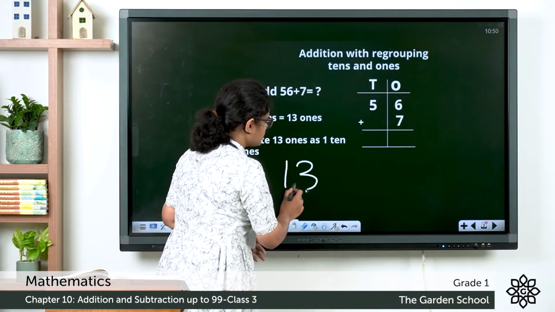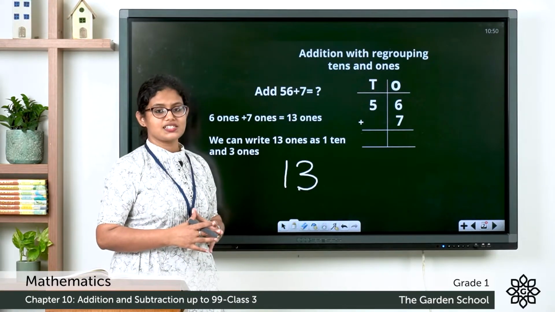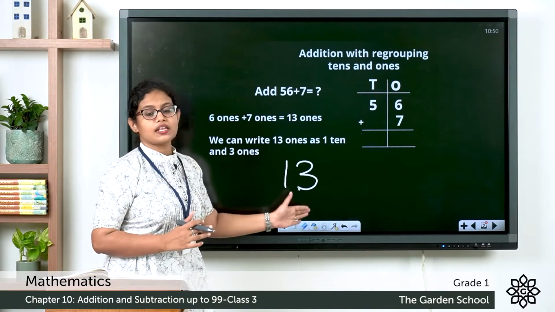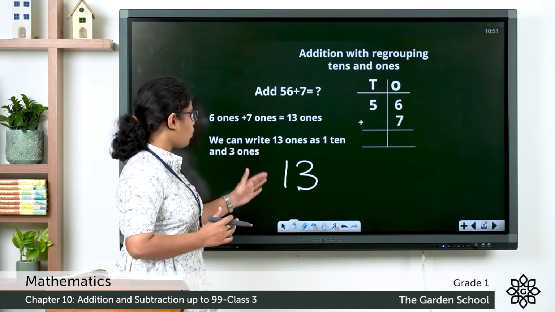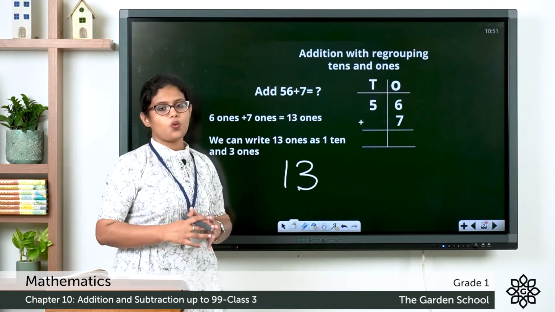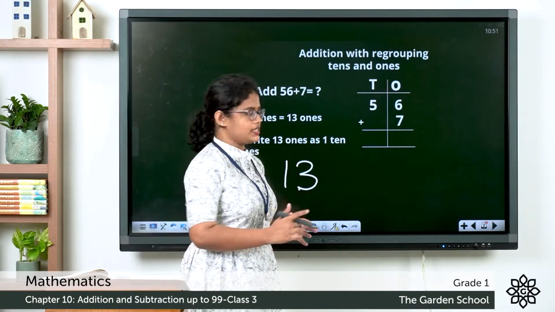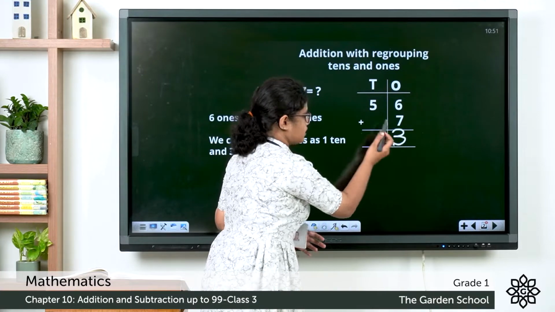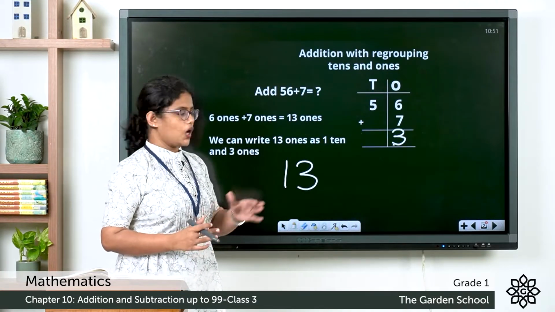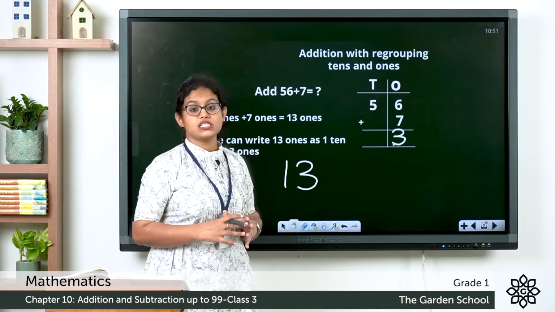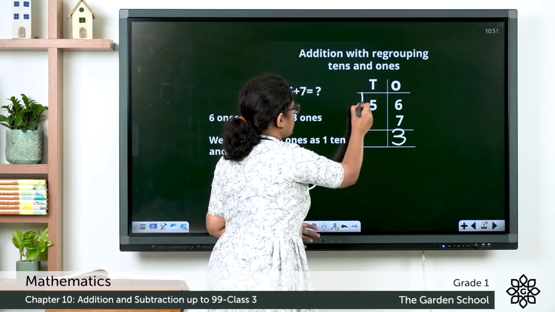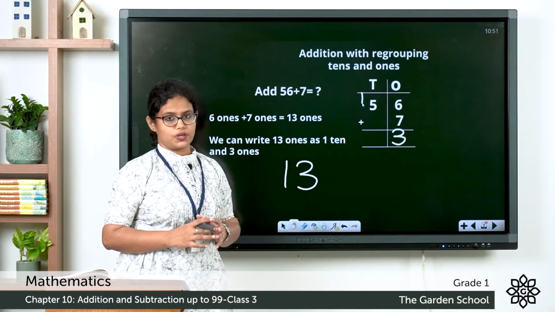We can write 13 as 1 ten and 3 ones. So in the ones place, we write 3. Then we carry over this 1 ten to the tens place.